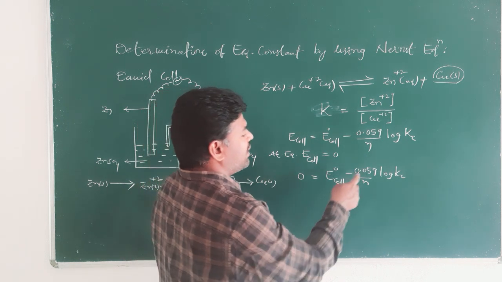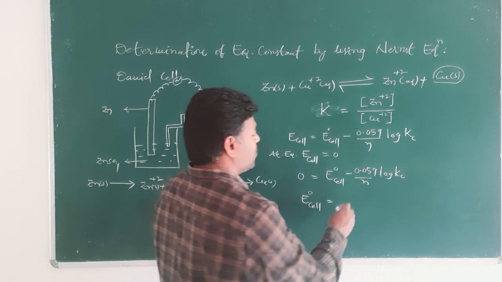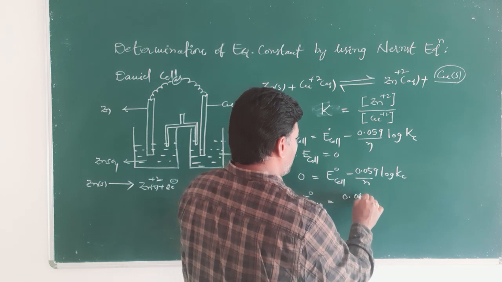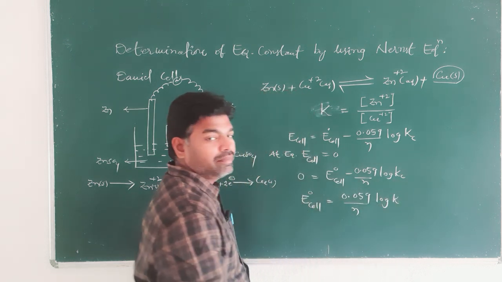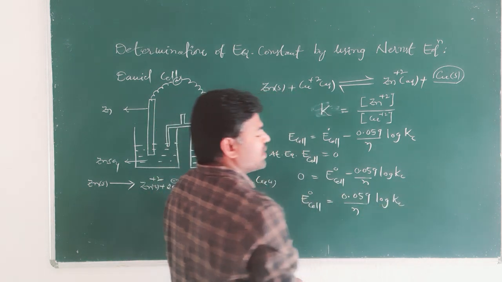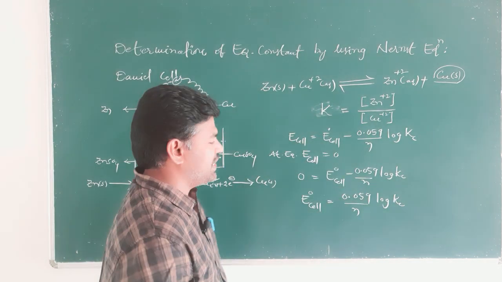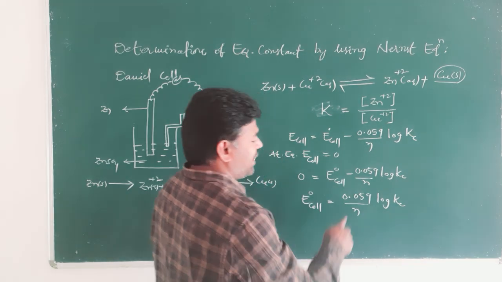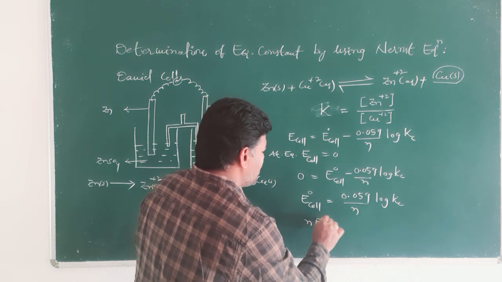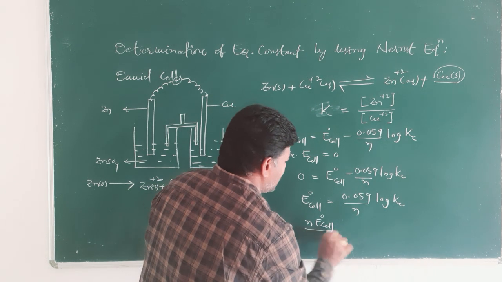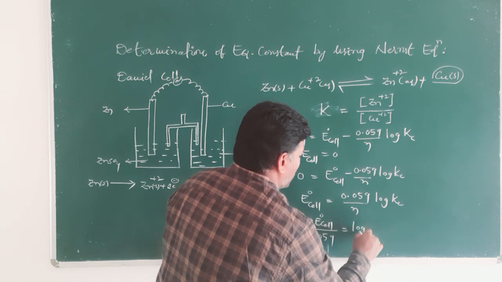When this is equal to 0, we can write E naught cell equal to 0.059 by n log Kc, where Kc is the concentration of Zn+2 by the concentration of Cu+2. In the next step, we can write n into E naught cell by 0.059 is equal to log Kc.